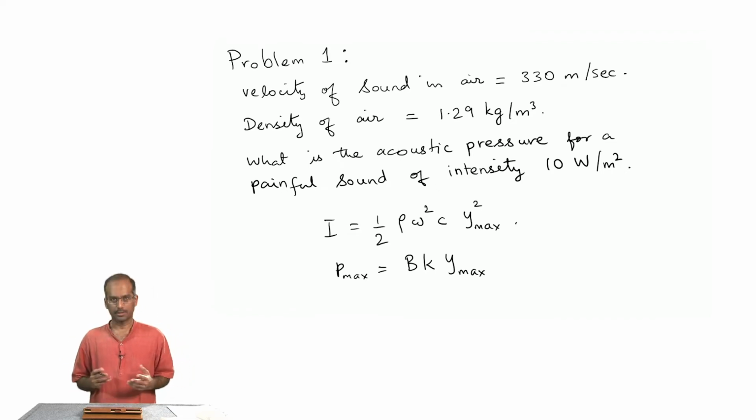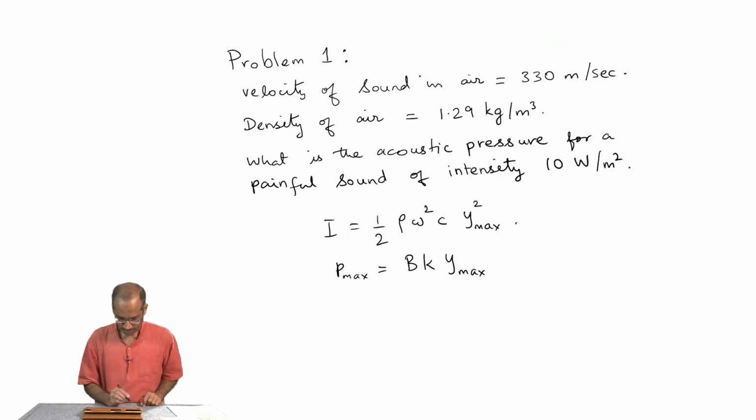Problem is sort of simple. All I need to do is to eliminate y max, because I do not know y max. What I know is intensity of sound, and what I want to find out is P max. So, using these two equations I can simply eliminate y max and directly relate intensity to P max.